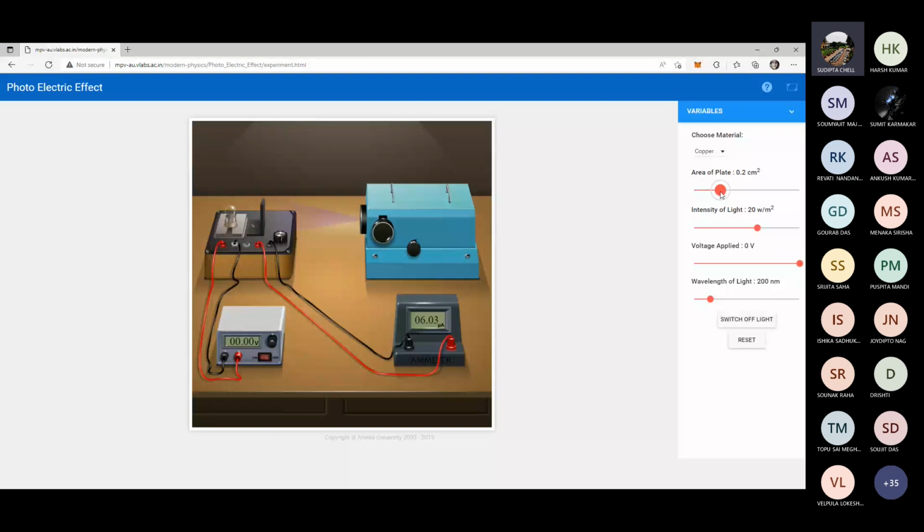That means for different materials we have to select different area plates? That depends on you. But what the change will be depending on area and intensity, I have already shown you. If you increase the area, then the current will increase, right? Yes, sir. And if you increase the intensity also, then again the current will increase.